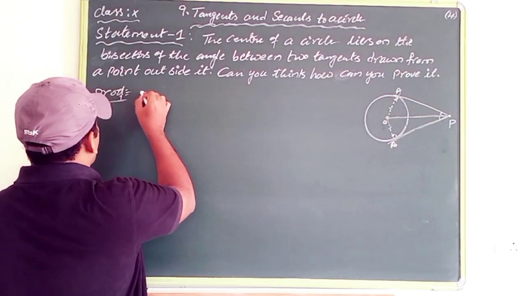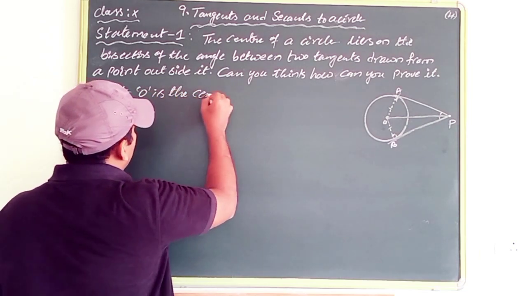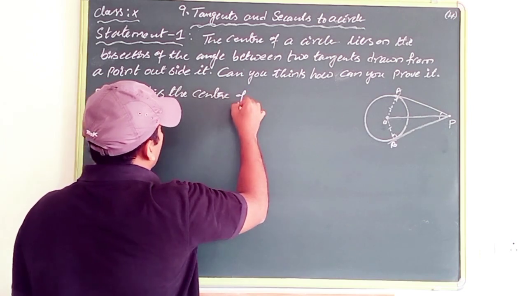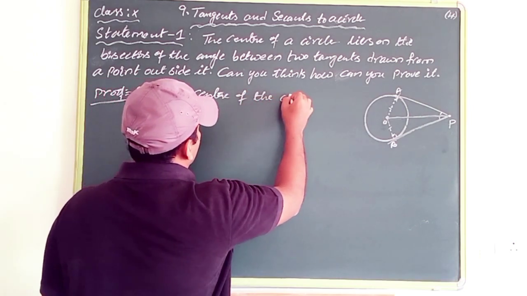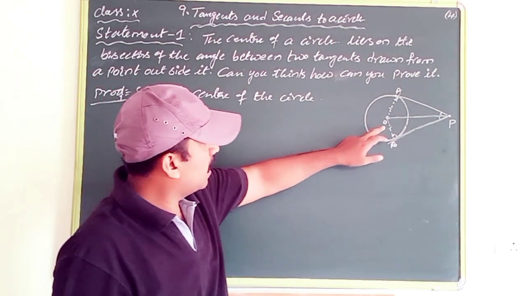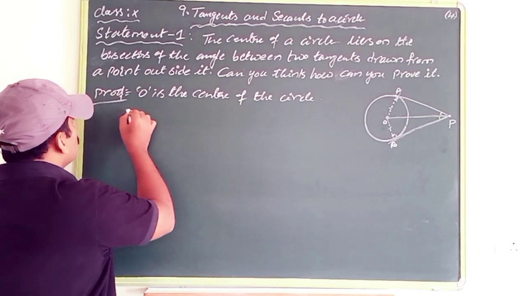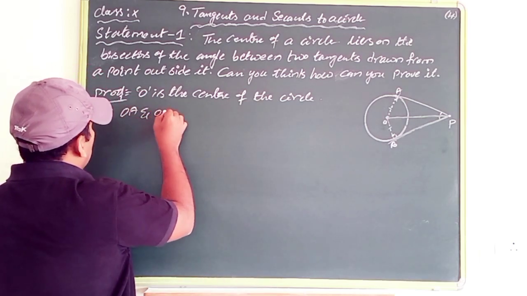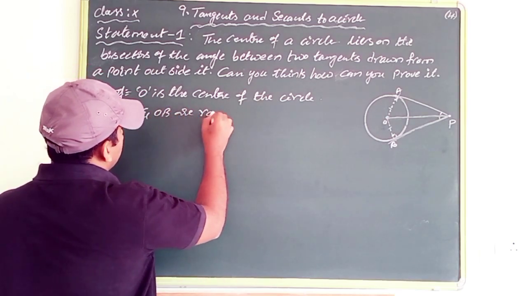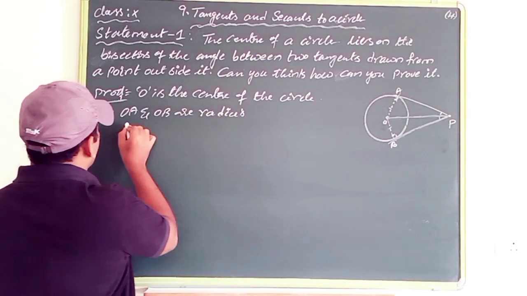Yes, O is the center of the circle, and OA and OB are the radii. Okay, join OP.